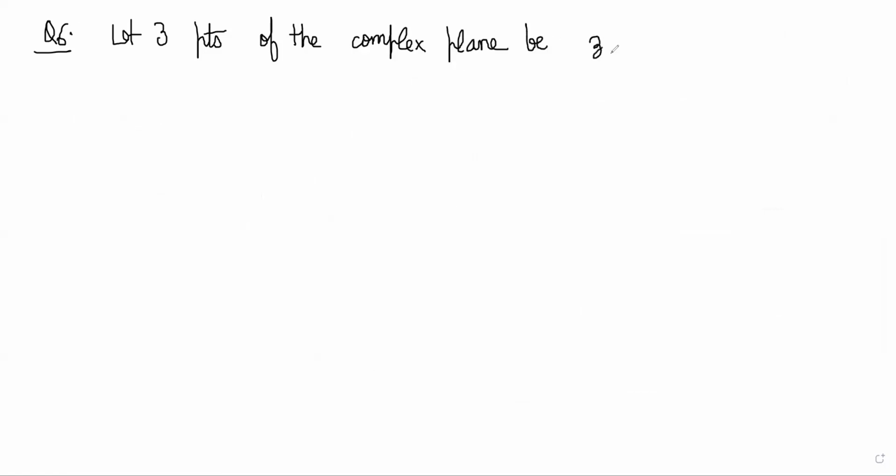The next one is this one. Let P, Z1, Z2, Z3 be 3 points of the complex plane, and these points are basically A, B, C in the complex plane.